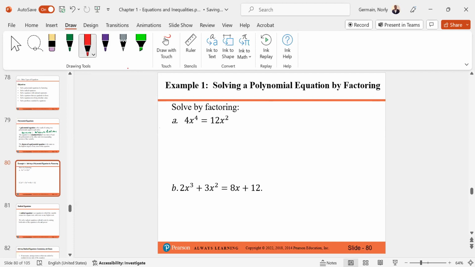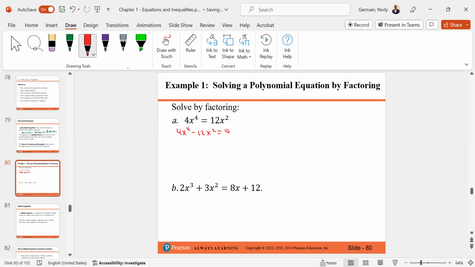If we subtract 12x squared from both sides, we have 4x to the fourth power minus 12x squared equals 0. Now, what is the GCF? We must identify the greatest common factor between 4x to the fourth power and 12x to the second power.